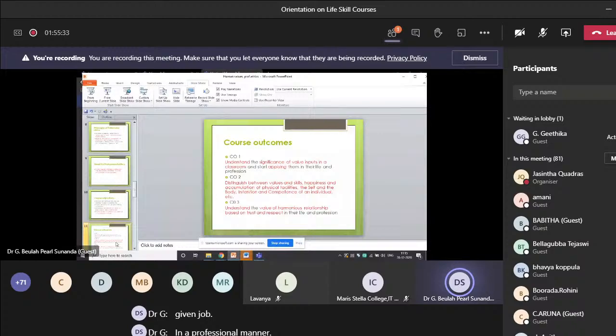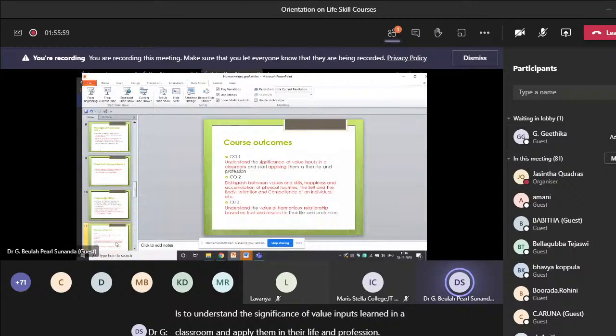And the course outcomes, what we intend our students to learn at the end of the course, is to understand the significance of value inputs learned in a classroom and apply them in their life and profession.